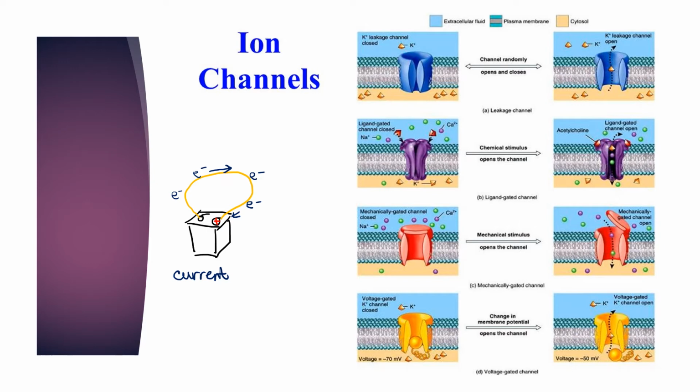Since the lipid bilayer of the plasma membrane is a really good electrical insulator, the main paths for current to flow across the membrane are only going to be through ion channels. The only way ions can travel either into or out of the cell is through channels. Now when ion channels open, they allow very specific ions to move across the plasma membrane down their electrochemical gradient.